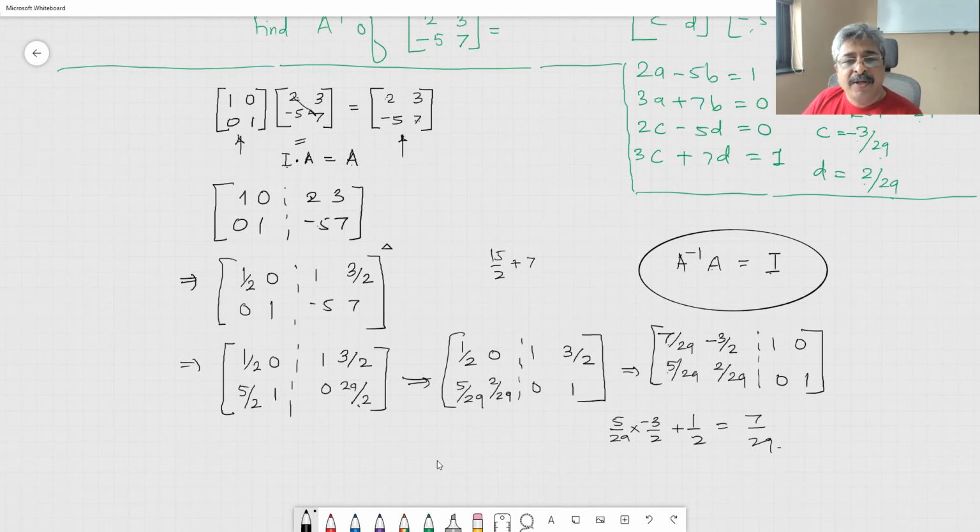Okay, so if A, B, C, D is A, then A inverse involves division by the determinant. 14 minus 14 plus 15, 29 is the determinant.